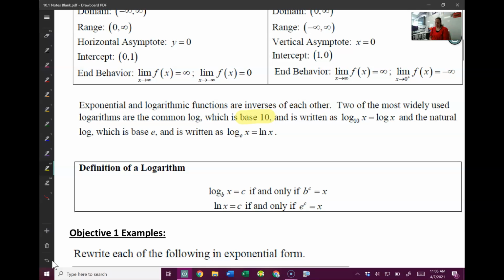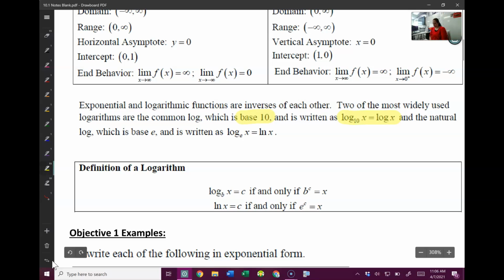And because it's so common, we assume that any logarithm that doesn't have a base written there is a base 10. And that will hold true for every problem you do. If there's a base written there, like log base 3, that's a base 3. If there's no base, you always assume it's a base 10. That's kind of the most basic base there is. It's the one we use all the time.